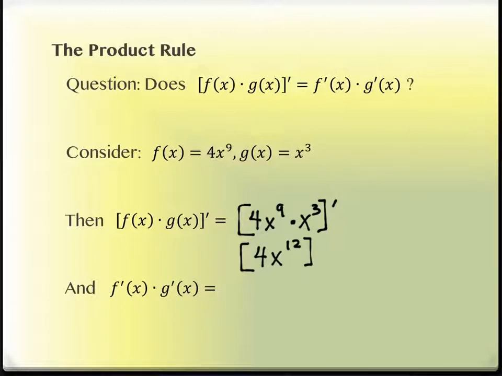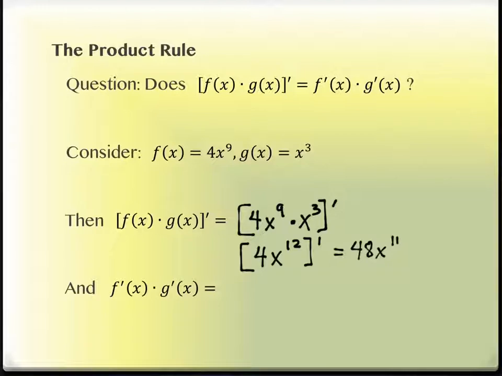Then we take the derivative. The 4 stays, and the 12 comes down and is multiplied by the 4, which gives me 48. I decrease my exponent by 1, which gives me 11. So 48x to the 11th.